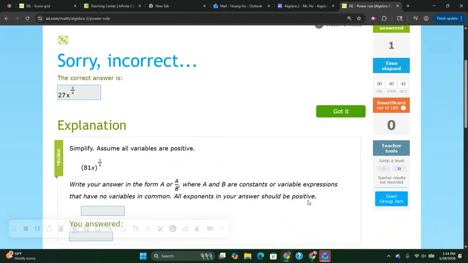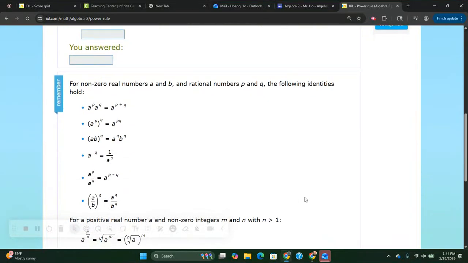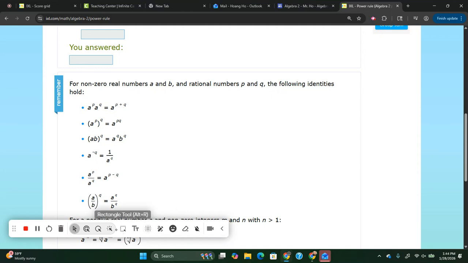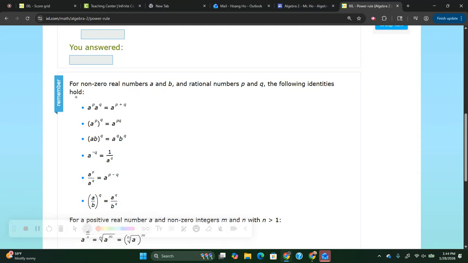So take a look over here. You can see all the formula we can apply.